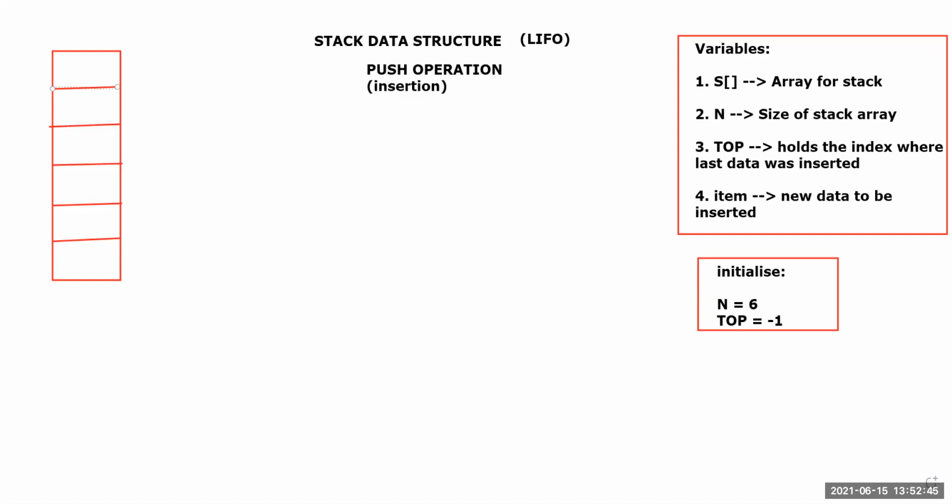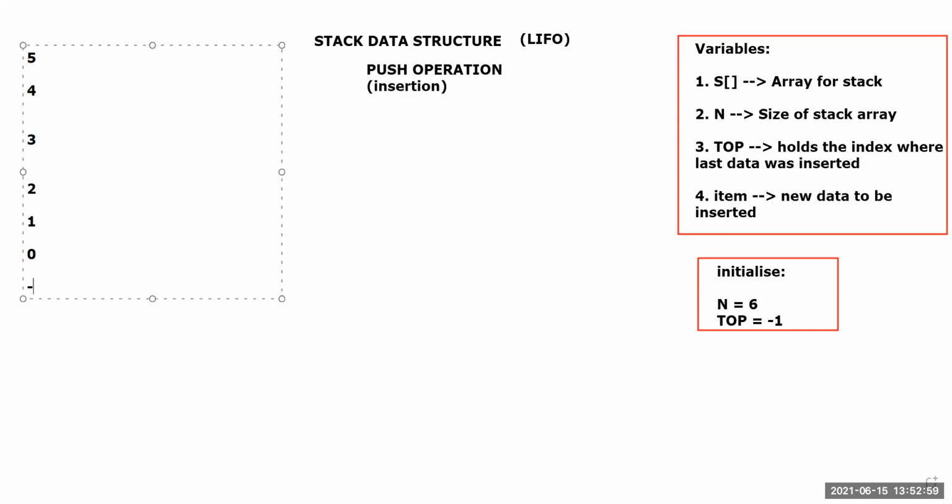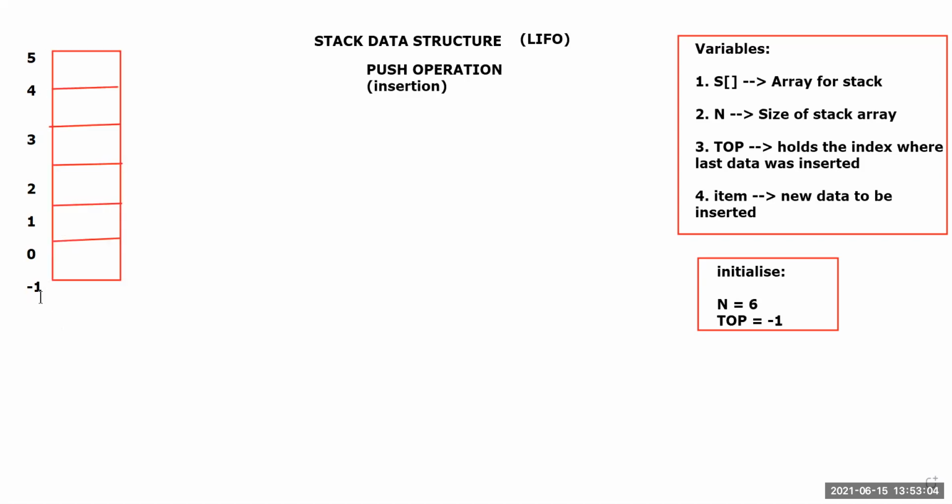And then the indexes. So 5, 4, 3, 2, 1, 0, then -1. And obviously, initially our top will be at -1 position, and this 5, this is our n-1.